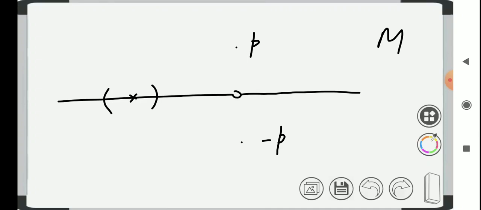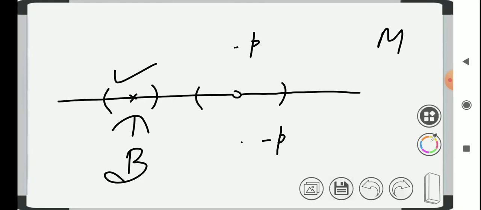Because this is simply the real line R, we can choose this interval which is clearly a basis member, a member of B. And for this P we can simply choose this set, which is clearly also a member of the basis B.